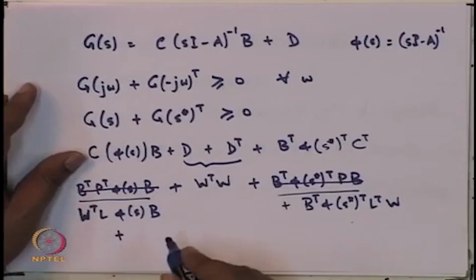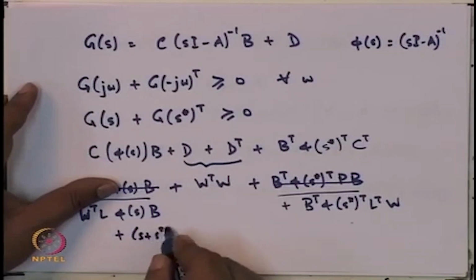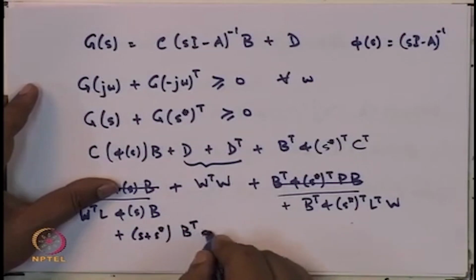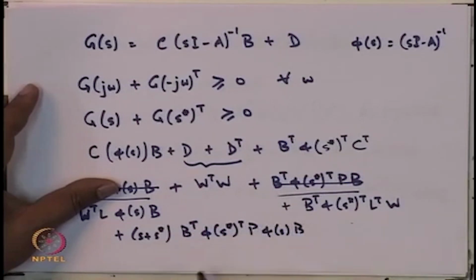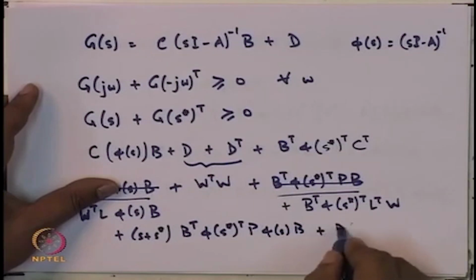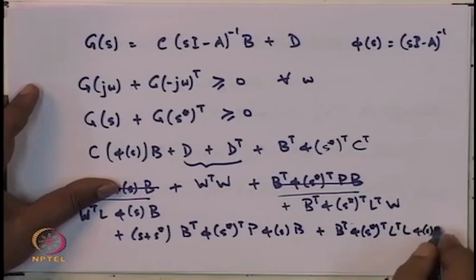The 2 terms are S plus S star times B transpose phi S star transpose P phi S B, and the other term is B transpose phi S star transpose L transpose L phi S B.